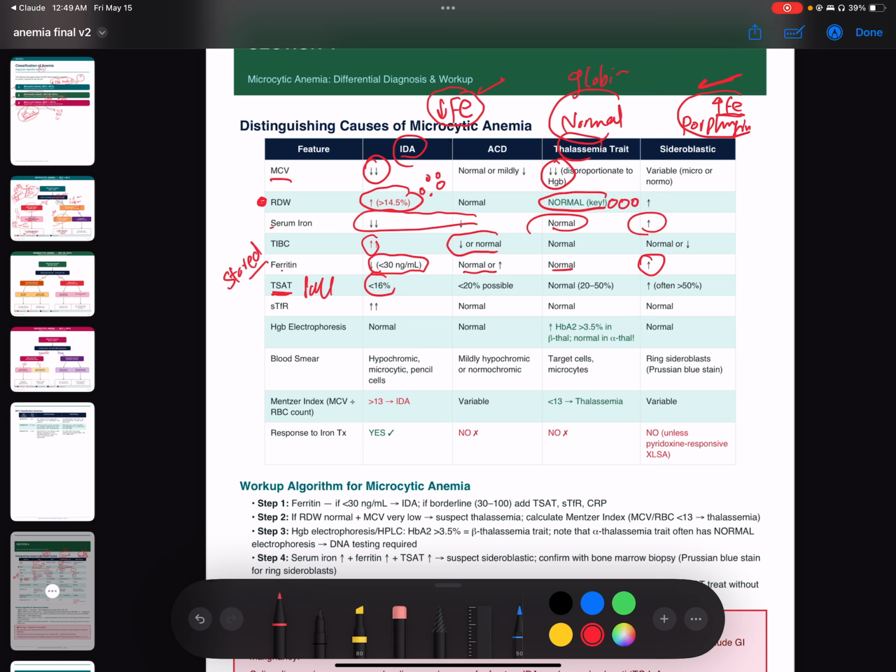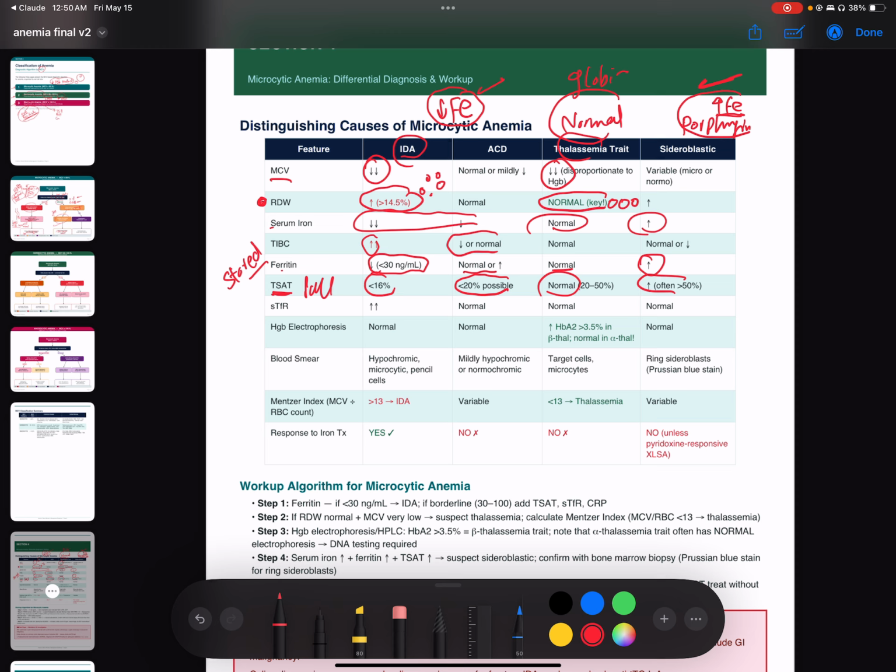But also in anemia of chronic disease it can be low, and mainly here it's not because you have less iron, it's because you have less transferrin. So if you have less transferrin, that means you have less available seats. Here, in thalassemia, it will be normal. In sideroblastic anemia, it will be high.